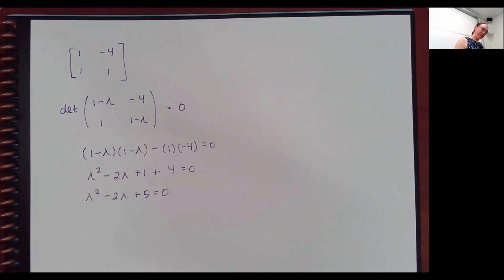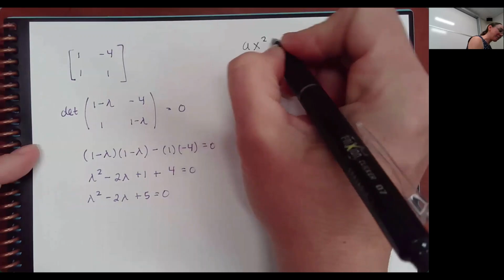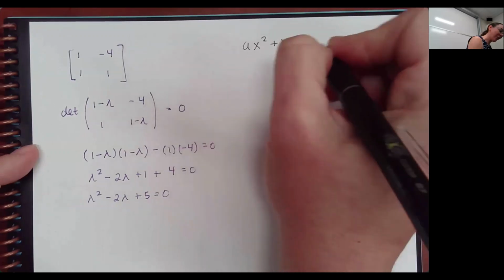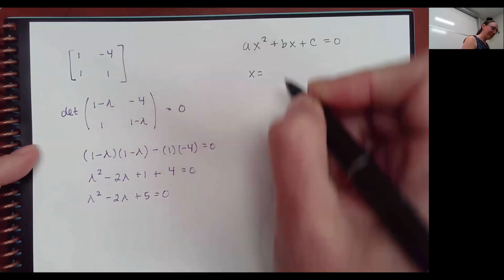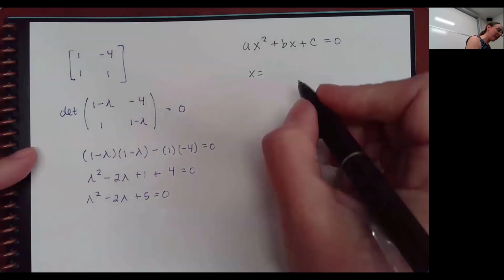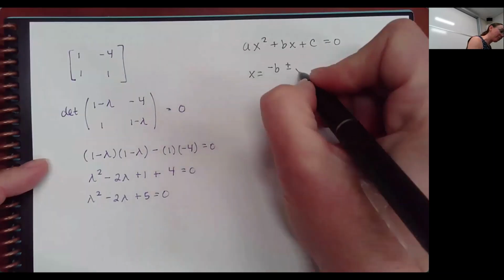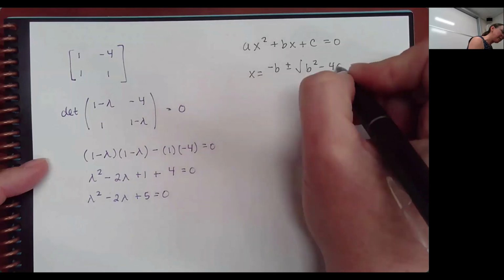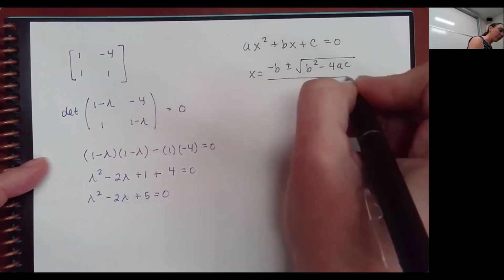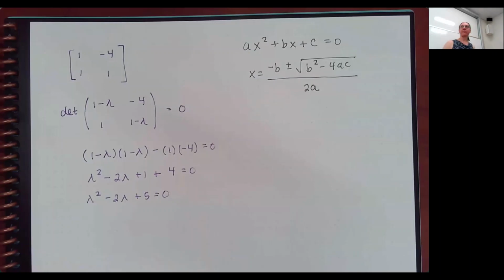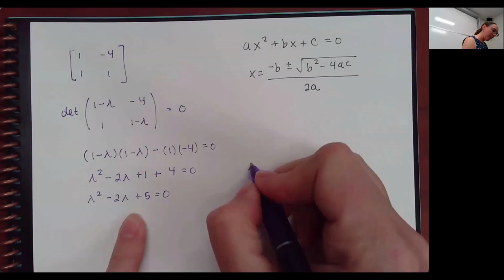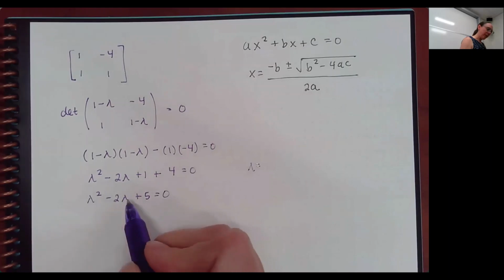To refresh our memory, if I have something that looks like ax squared plus bx plus c equal to 0, the quadratic formula says my x is going to be -b plus or minus the square root of b squared minus 4ac, all over 2a. What I've got going on here means that lambda is equal to -b.